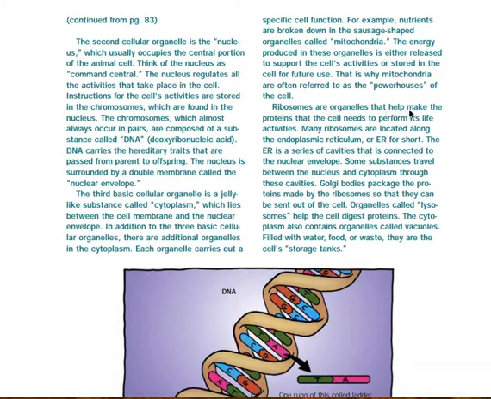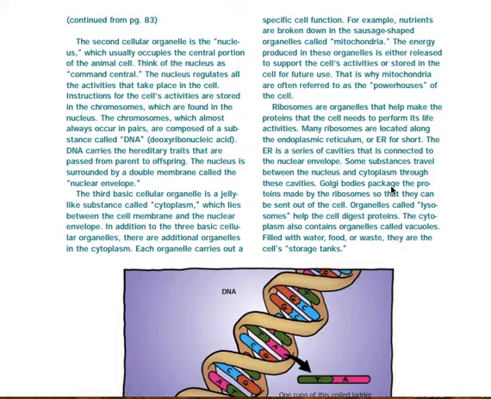Ribosomes are organelles that help make the proteins that the cell needs to perform its life activities. Many ribosomes are located along the endoplasmic reticulum, or ER for short. The ER is a series of cavities that is connected to the nuclear envelope. Some substances travel between the nucleus and the cytoplasm through these cavities.